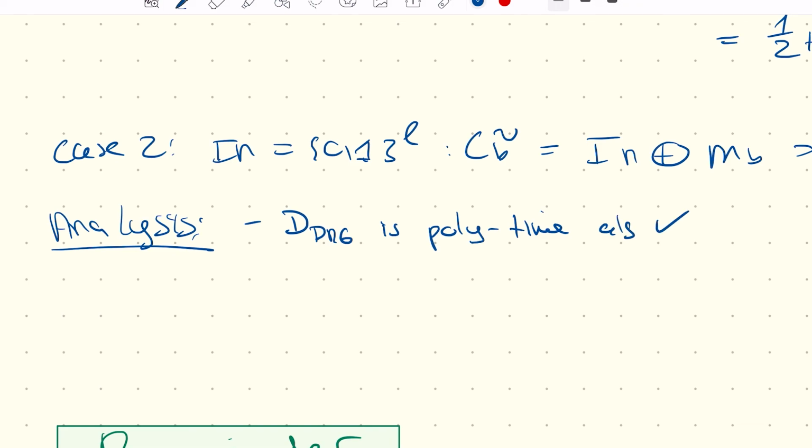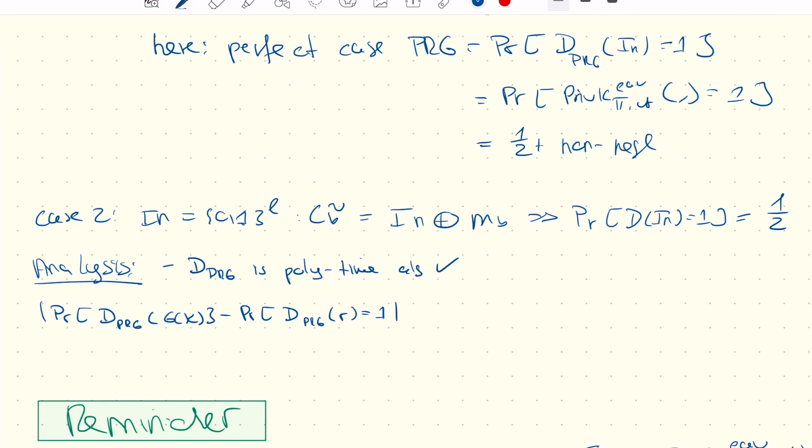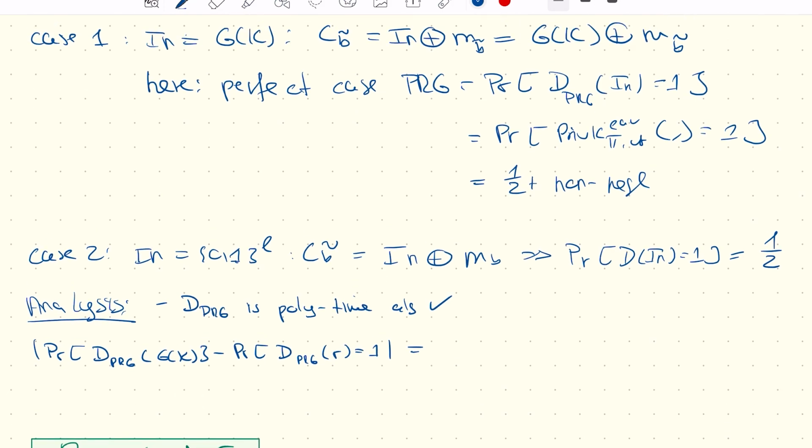This is fine. And now we essentially have to show that the probability that D_PRG on input G of K, minus the probability D_PRG on input the random string R, the difference between both probabilities, is actually non-negligible. So what we will do now is simply insert the two probability computations that we just did. In the first case, we learned that the probability is exactly 1/2 plus something non-negligible.